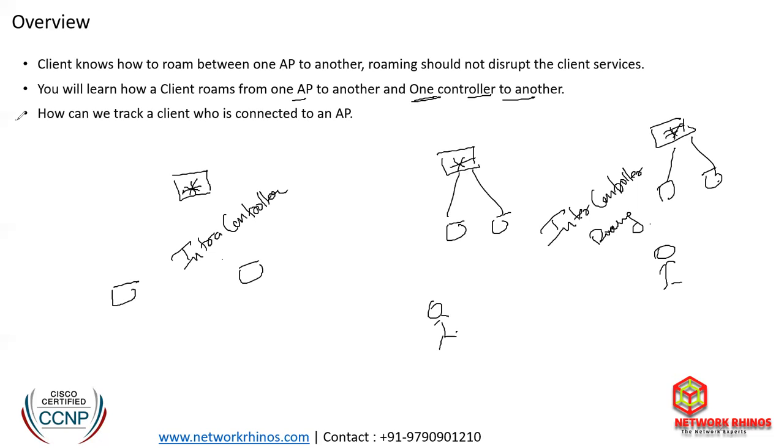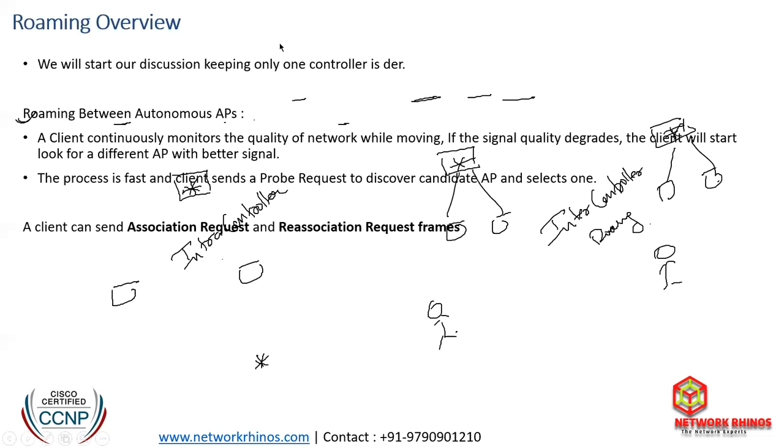Now we'll also study how we track a client who is connected to the AP. I mean, we can track how many clients are connected, and we can also track the geographical location of a single client. We'll talk about this in brief, why we need to find out where the client is located in my Wi-Fi network. So let's talk about client roaming overview.